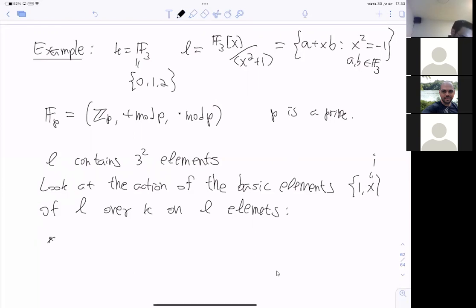How does 1 act on a plus ib? It is just regular multiplication, so it remains a plus ib. But when you multiply i with a plus ib, you get ia minus b.